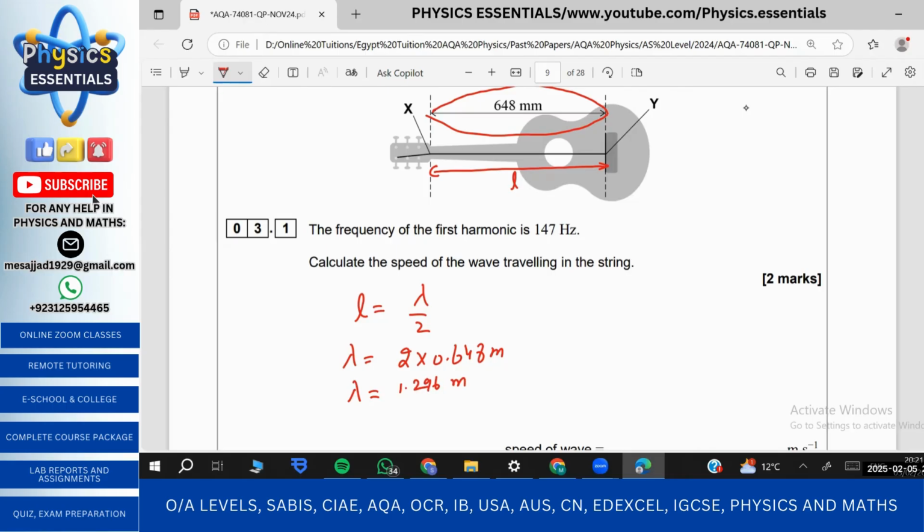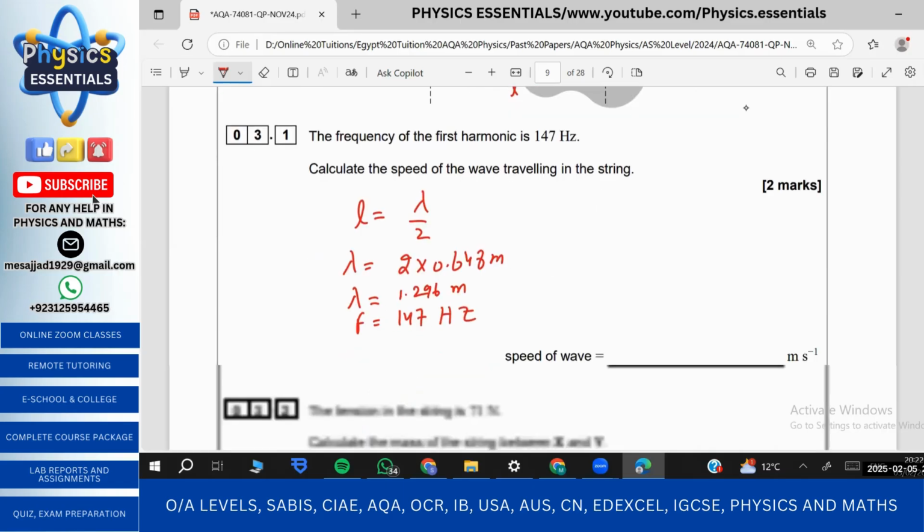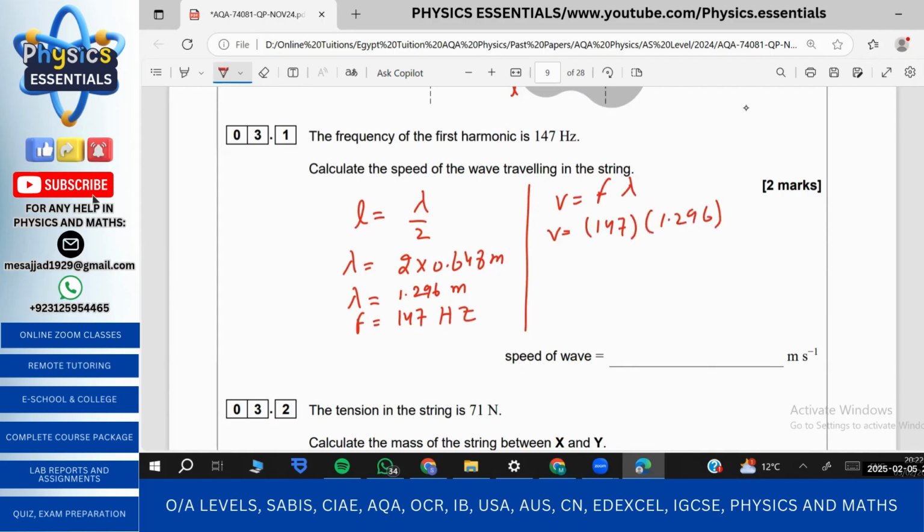Okay. So F, which is given here, is 147 Hertz, and they're asking you to find the speed. So the speed is simply V equals F lambda, 147 times 1.296, and the answer is 190.5 meters per second. We were finding out the speed, so meters per second.